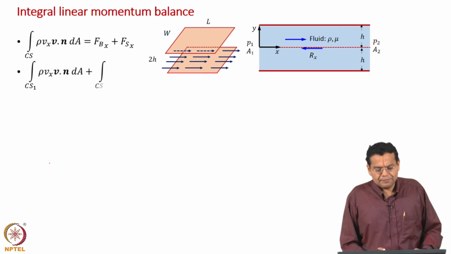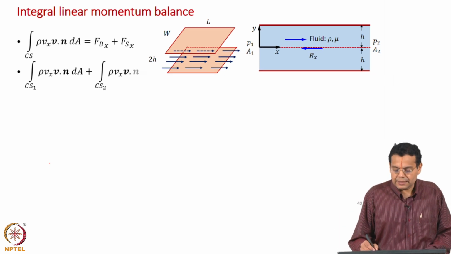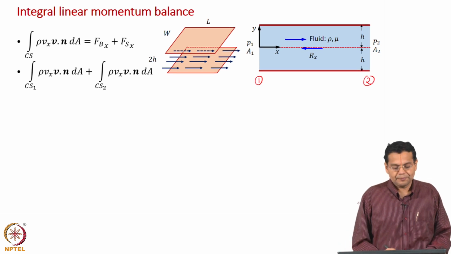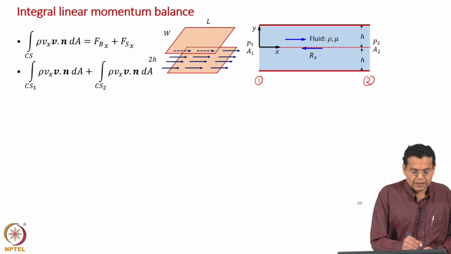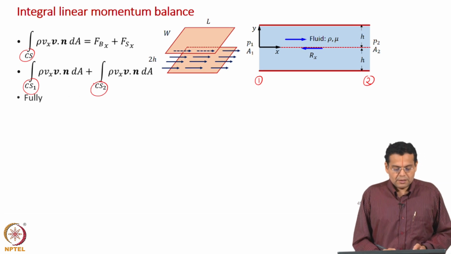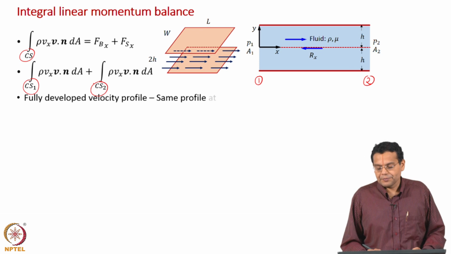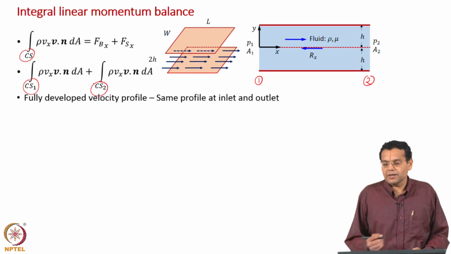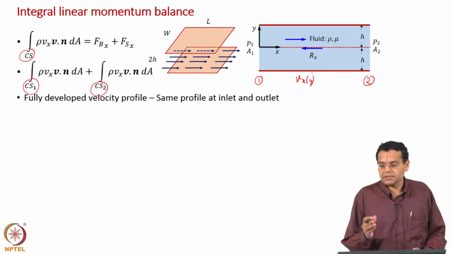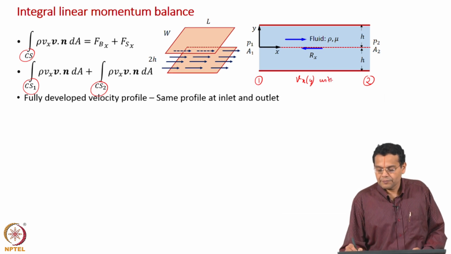We have inflow at, let us say, section 1 and outflow at section 2, and so CS is split into CS1 and CS2. Now remember we have assumed the condition such that we get a fully developed flow. We said Vy is 0, Vz is 0, and from the continuity equation we arrived at the condition that the flow is fully developed, which means that Vx as a function of y does not change with x.